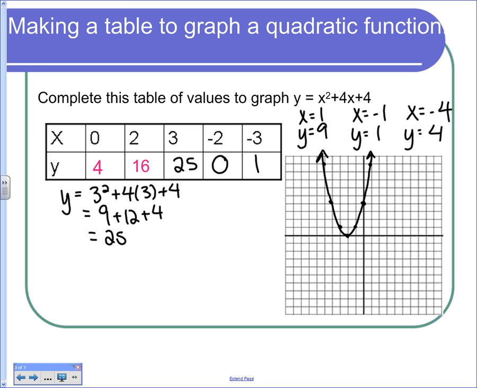One where it's always positive. Absolute value? Those look like V's. That's an absolute value. These are U's, okay? Y'all see how that works?